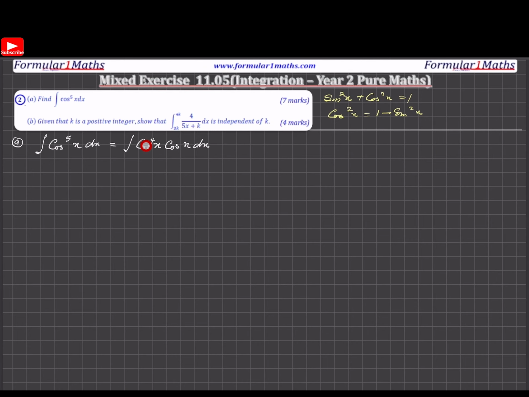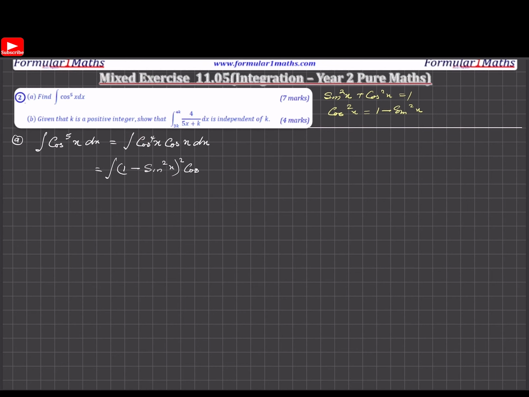And if I do that, I'm going to get the integral of 1 minus sin squared x, all that squared, because this is raised to the power 4, times cos x dx. And if I expand, I will get the integral of 1 minus 2 sin squared x plus sin x to the power 4, all of that times cos x dx.